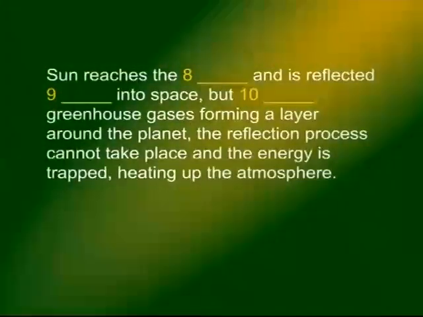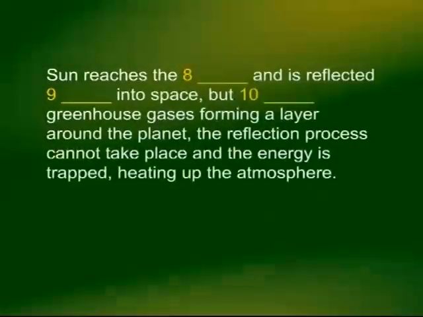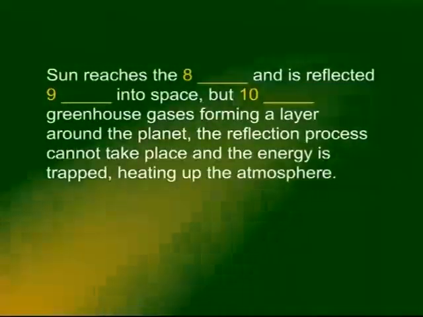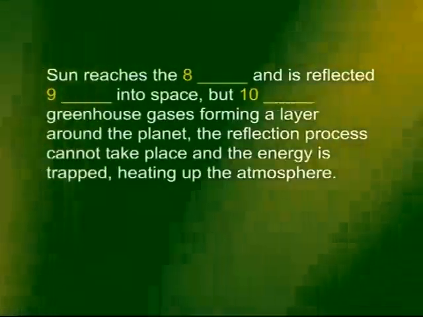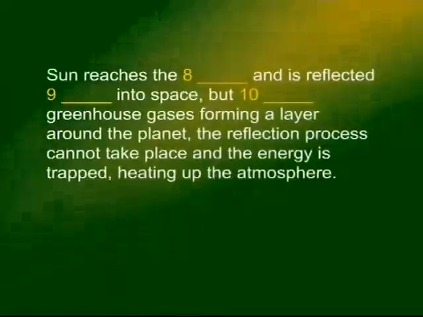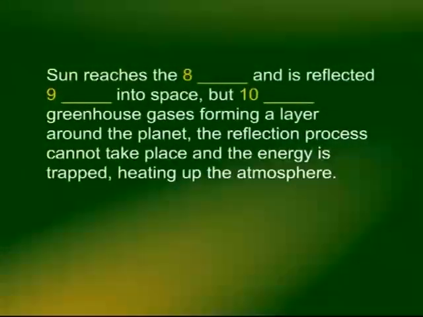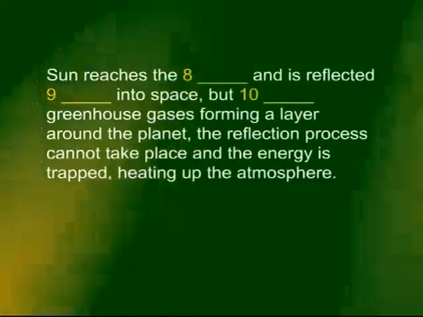But with greenhouse gases forming a layer around the planet, the reflection process cannot take place. So it has to be the preposition with. The energy is trapped, heating up the atmosphere.